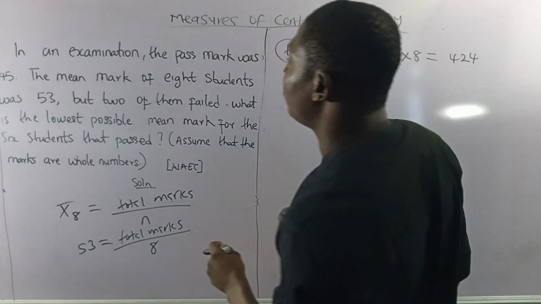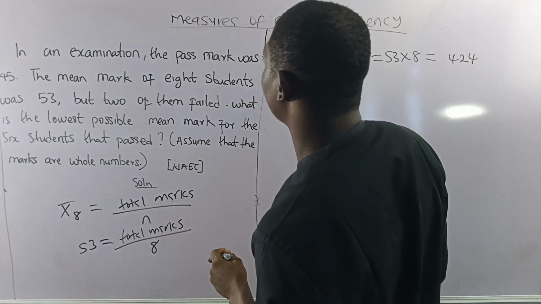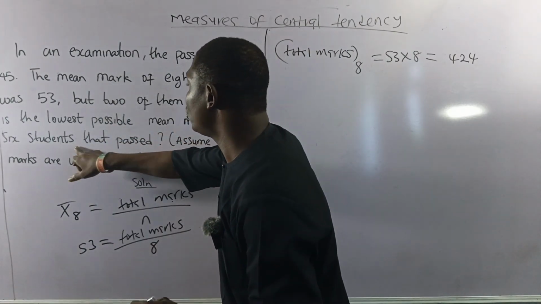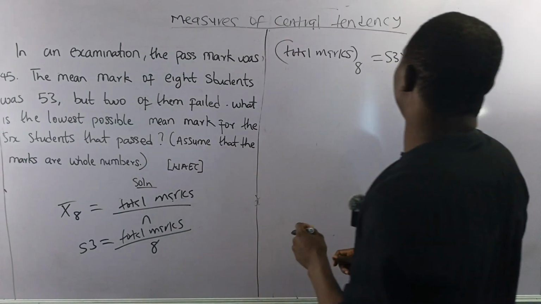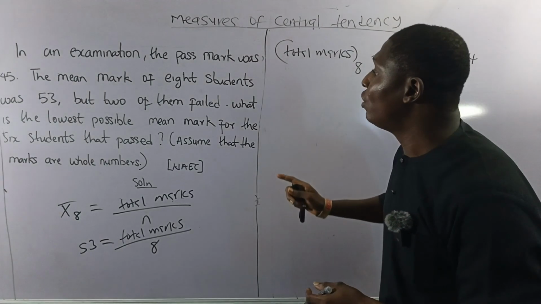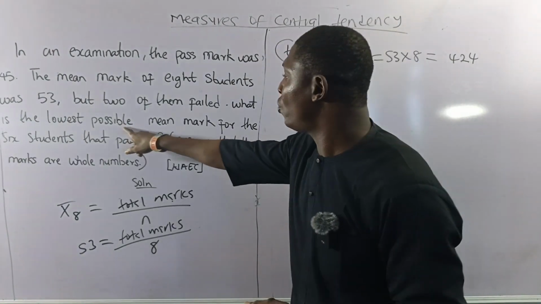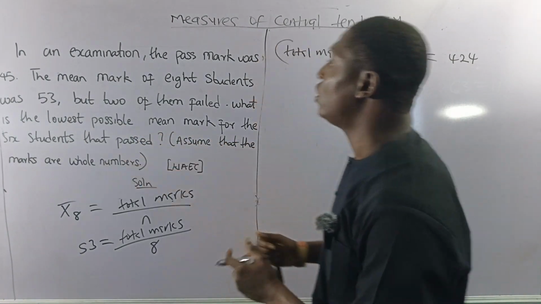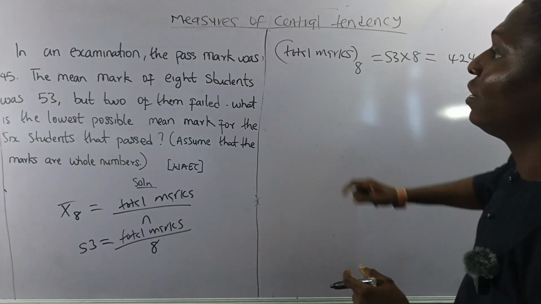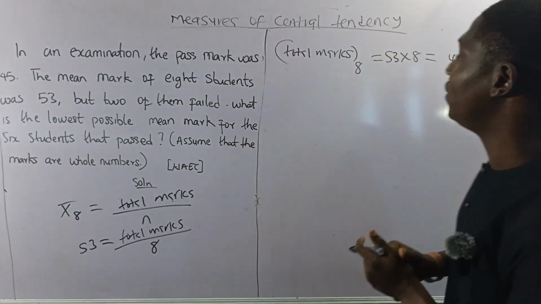Now, they said that 2 of them failed. They asked, what is the lowest possible mean mark for the 6 students that pass? Now, we need to have an idea of the marks of the students that failed.